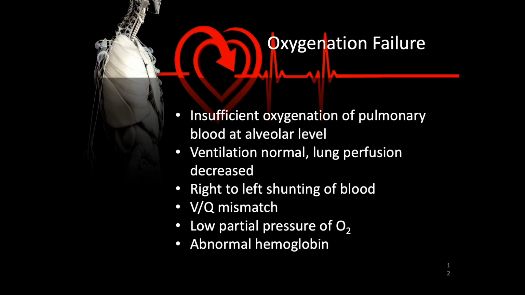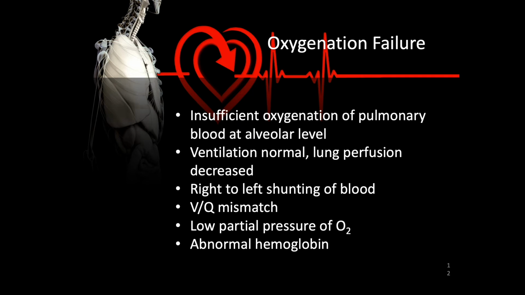With oxygenation failure, there is simply insufficient oxygen in pulmonary blood at the alveolar level. While the ventilation remains normal, the perfusion of the lungs is decreased, and so therefore there is a right to left shunting of blood. What that means is that blood is arriving back to the left atrium without getting an adequate amount of gas exchange, so it has increased carbon dioxide and decreased oxygen.